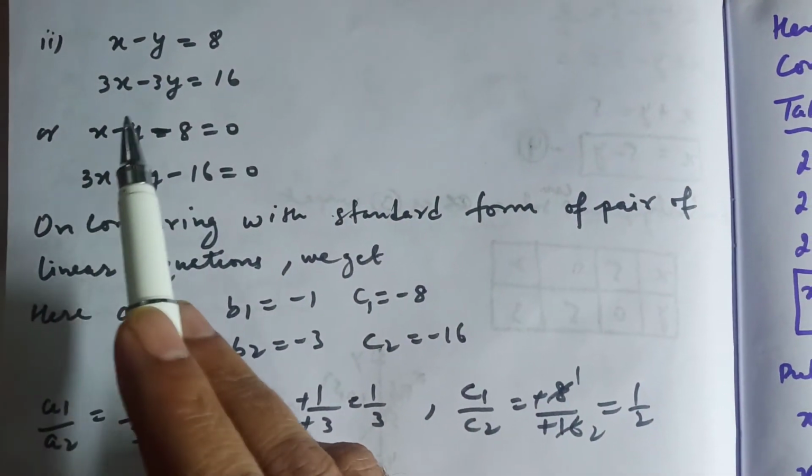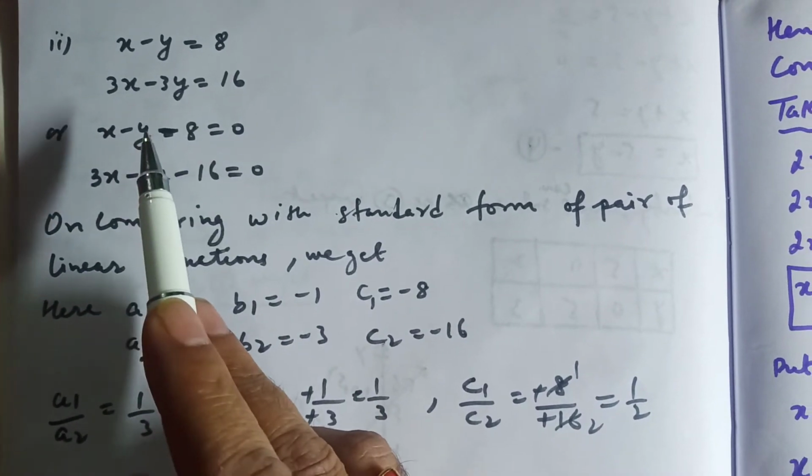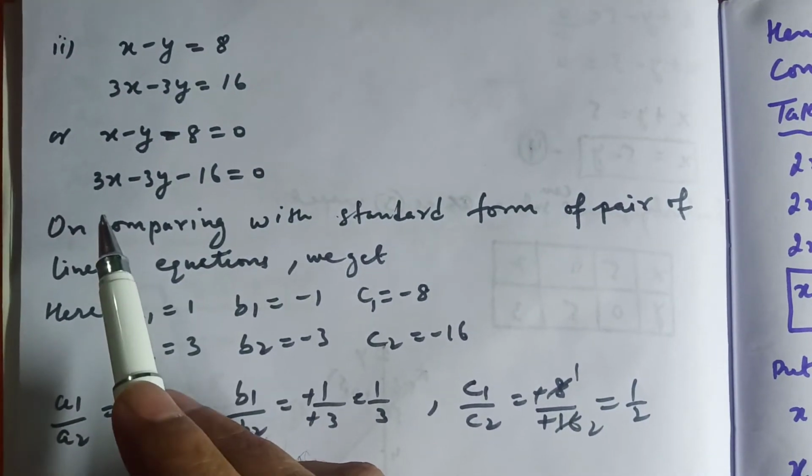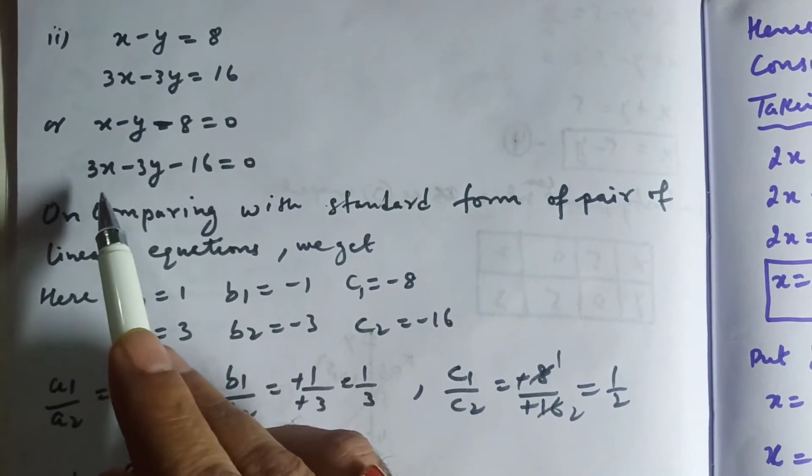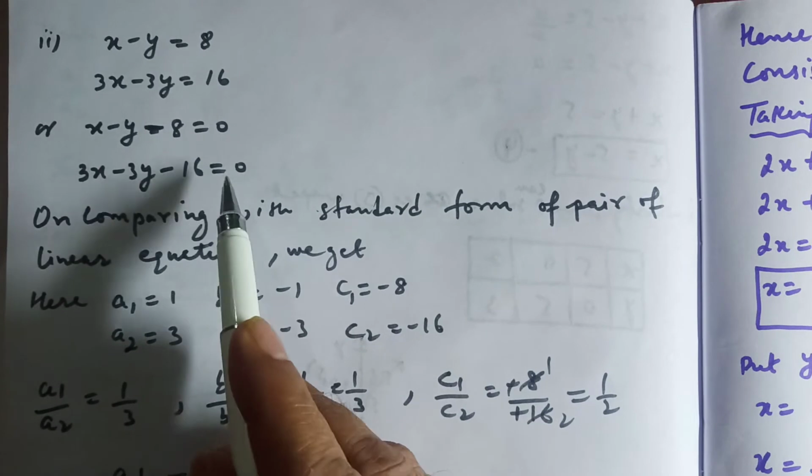Second part: x minus y equal to 8, 3x minus 3y equal to 16, or x minus y minus 8 equal to 0, 3x minus 3y minus 16 equal to 0.